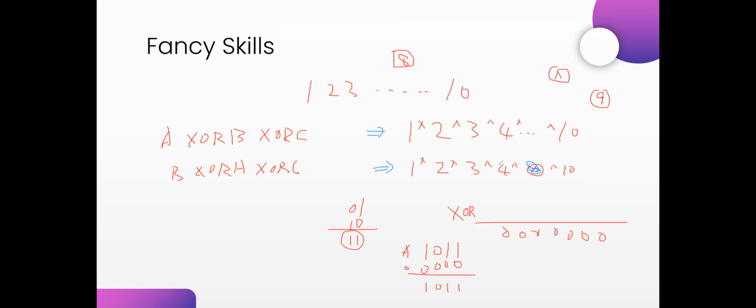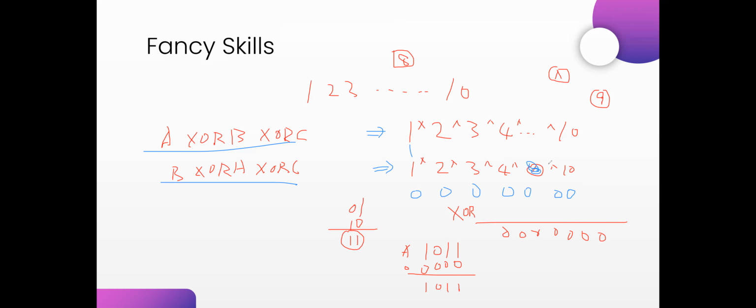Then what? Because of this law, 1 XOR 1 is 0. 2 XOR 2 is 0. 3 XOR 3 is 0. 4 XOR 4 is 0. 10 XOR 10 is 0. And everything is cancelled out.